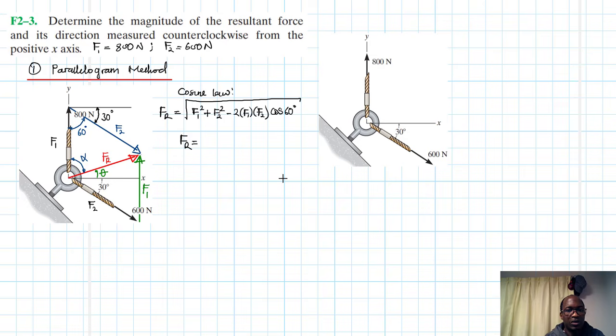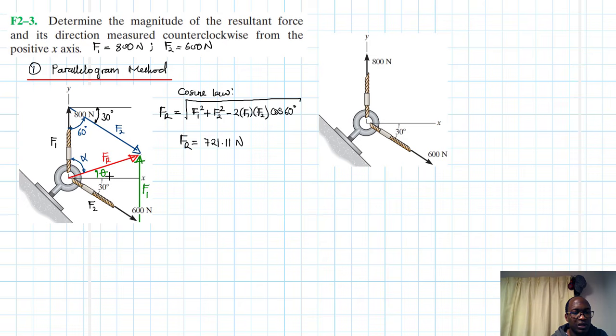So let's punch this in our calculator: 800 squared plus 600 squared minus 2 by 800 by 600 cos 60, square root of that. It gives us 721.11 newtons. You can repeat it. Great.